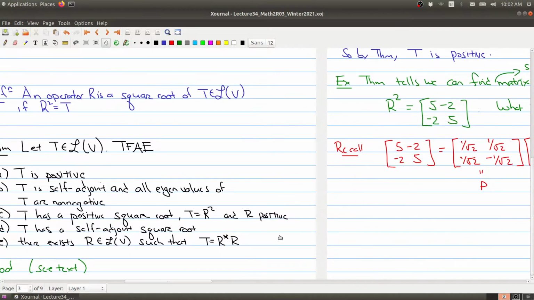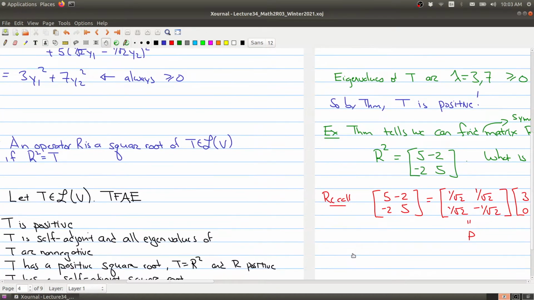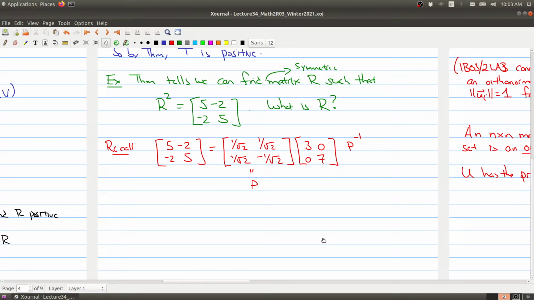Now the other interesting thing about this theorem is that when you have a positive operator, it has a square root. So the theorem tells us we can find a symmetric matrix R such that R squared is equal to this matrix. And then the question you may ask yourself is, how do I find that matrix R? In fact, all the information you need is already embedded in the decomposition that we have.